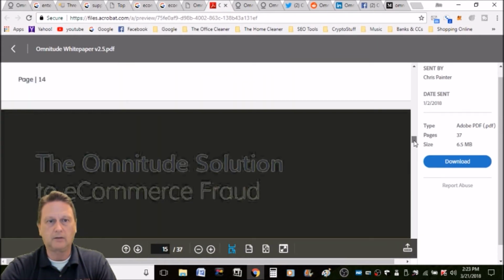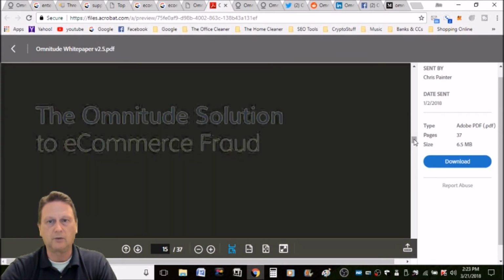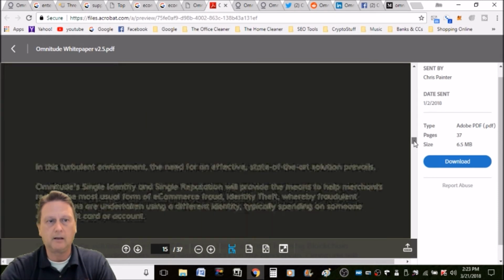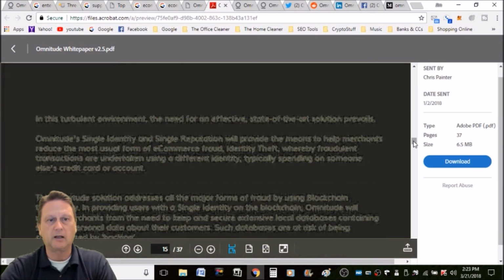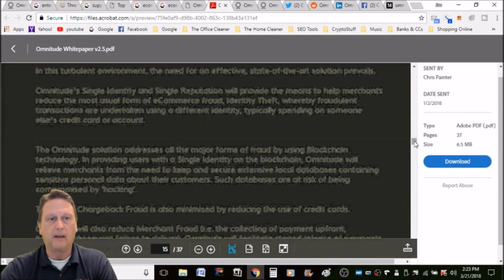Okay, and so the solution to the e-commerce fraud is that Omnitude's single identity and single reputation provides the means to help merchants reduce the most usual form of e-commerce fraud, identity theft, and so on. So they're going to have basically a single identity solution.